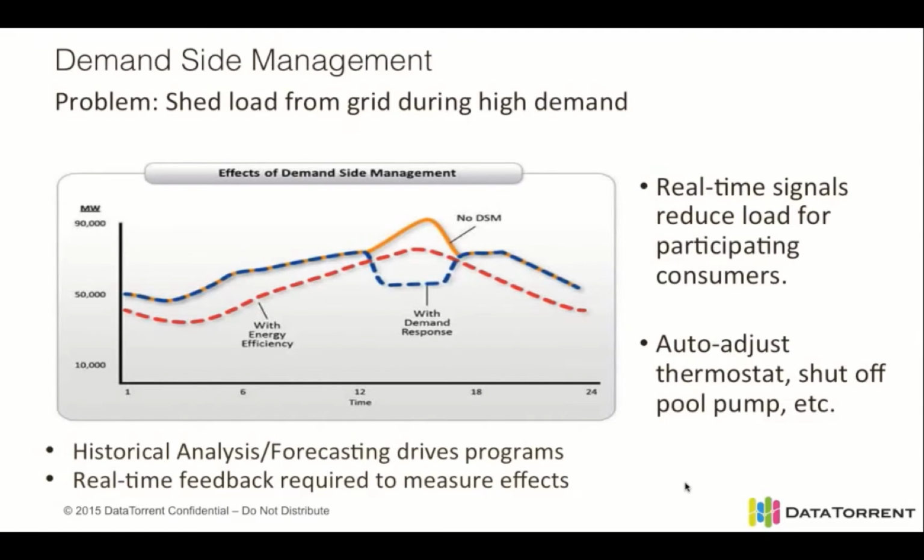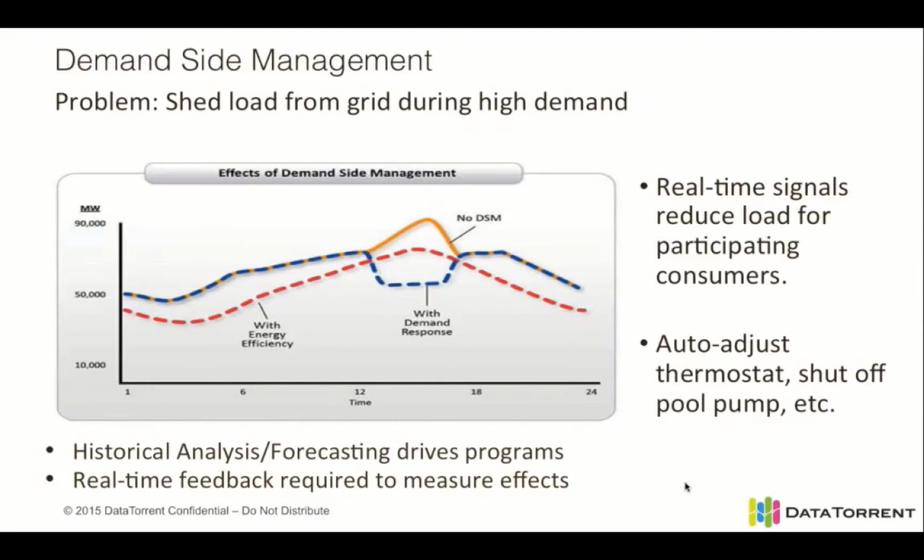Demand-side management is basically the principle that throughout the day, the energy consumption curve increases as people go to work and start using energy in business, and then load shifts as the workday ends and people go home.